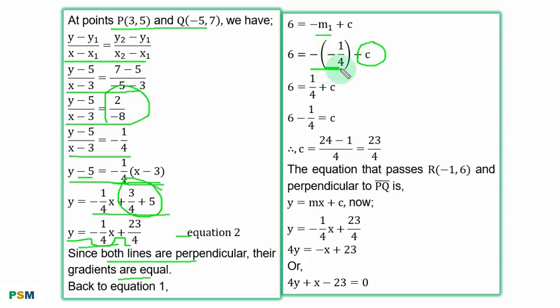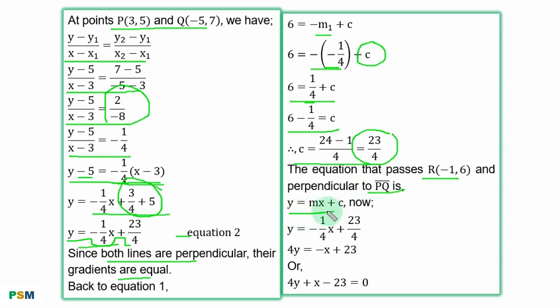If you open the bracket, you have this result. Transfer this term to the left side, you have it in this form. When you simplify, you have 23 over 4. The equation that passes through point R and is perpendicular to PQ is this.